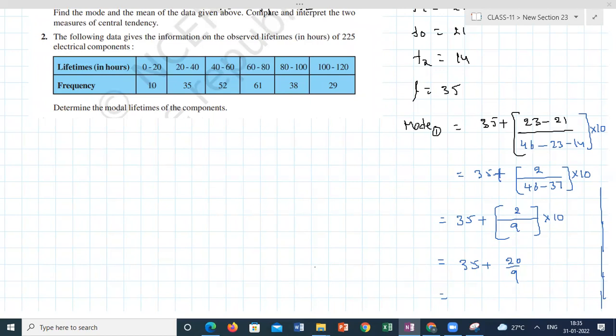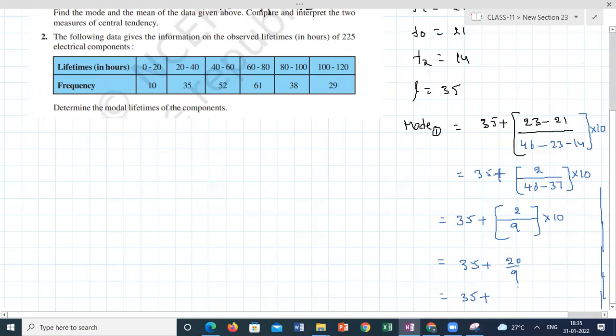The answer is 35 plus 20 by 9, or is it 20 by 11? 3 plus 6 is 9. Is it 20 by 11 or how much? 21 minus 14.